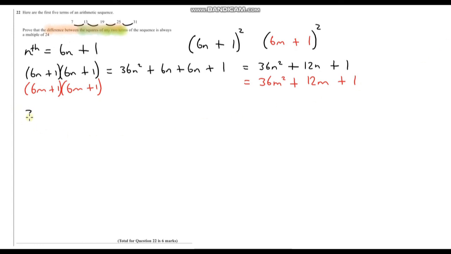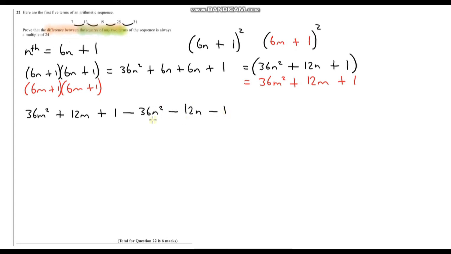So we've got 36m squared plus 12m plus 1, and we're going to take away this. I'm doing this one in red, subtract this one in black. So I'm going to take away 36n squared, take away 12n, and take away 1.